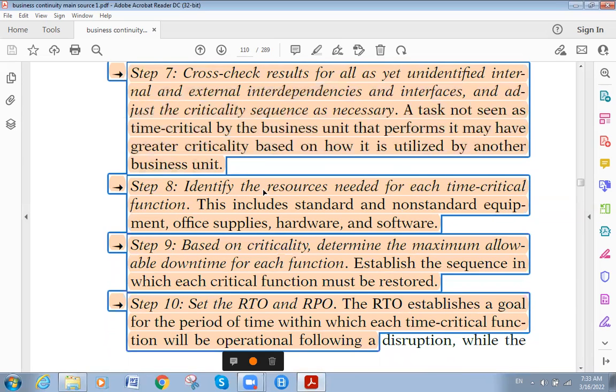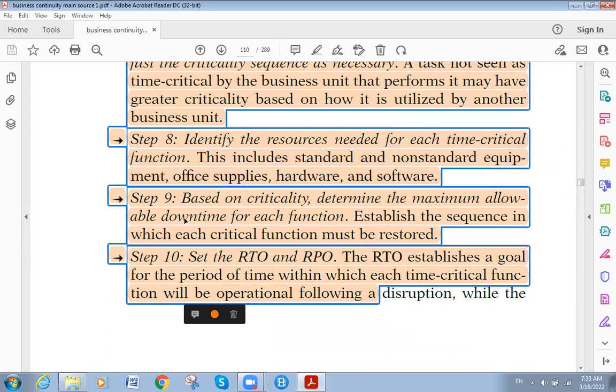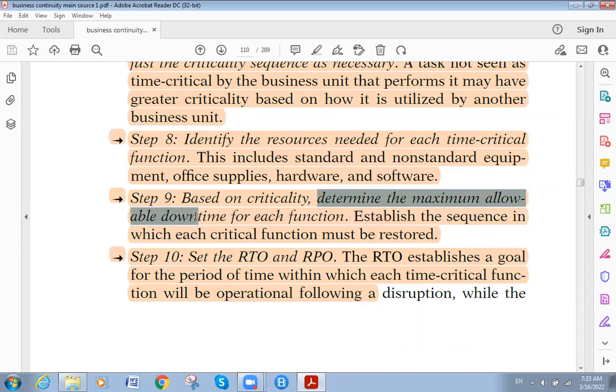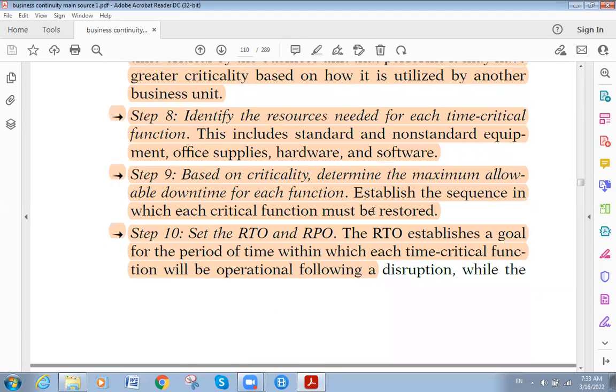Identify the resources needed for each time critical function. This includes standard and non-standard equipment, office supplies, hardware, and software. Based on criticality, determine the maximum allowable downtime for each function, and establish the sequence in which each critical function must be restored.